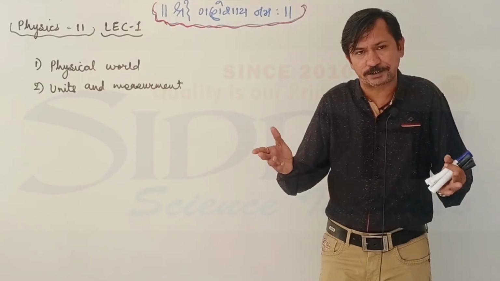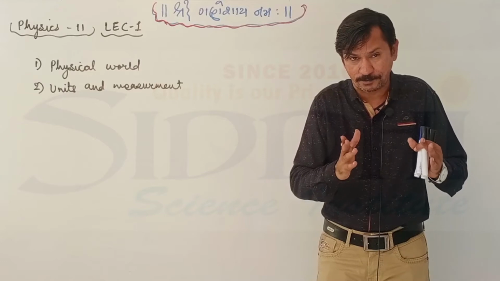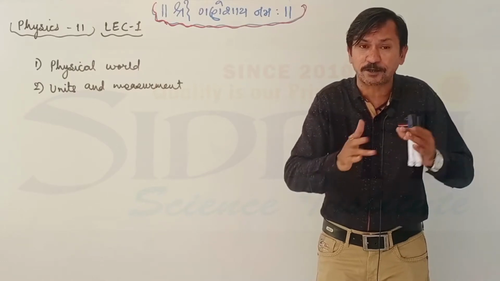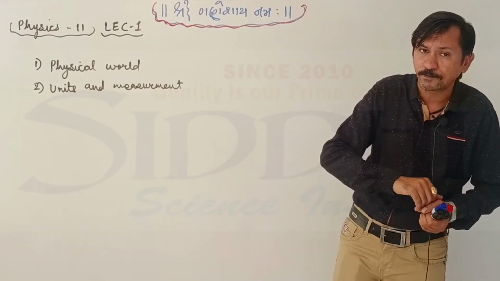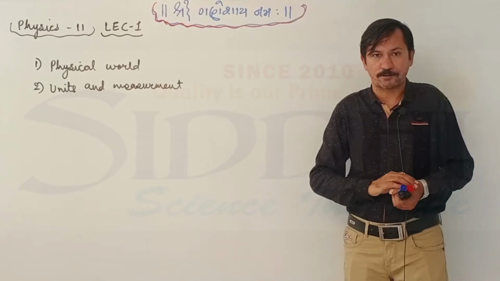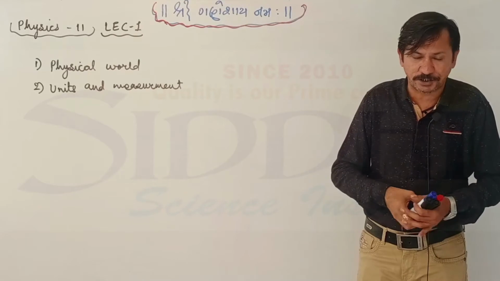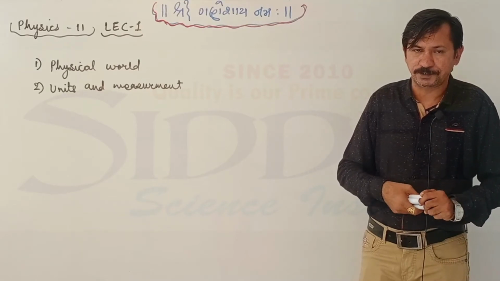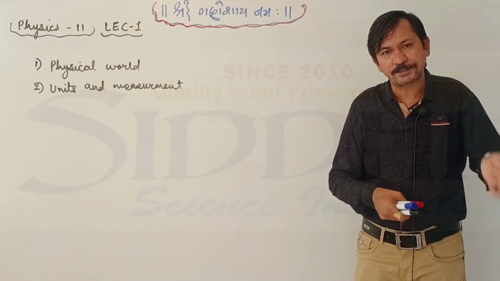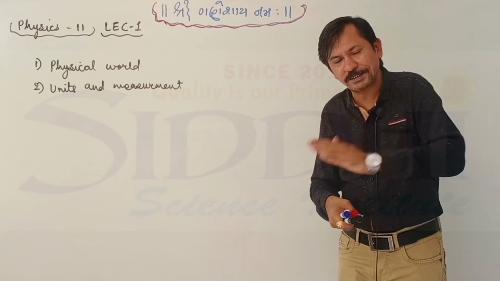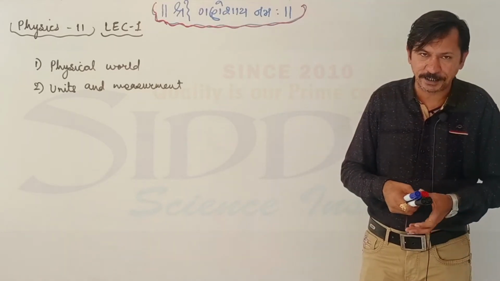So these are called units. A standard which is required for the measurement of a physical quantity is called a unit. In this lesson we will discuss some systems of measurement, some ancient systems and the international system of units, which is SI.